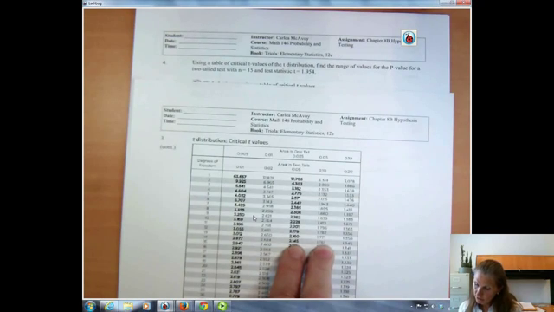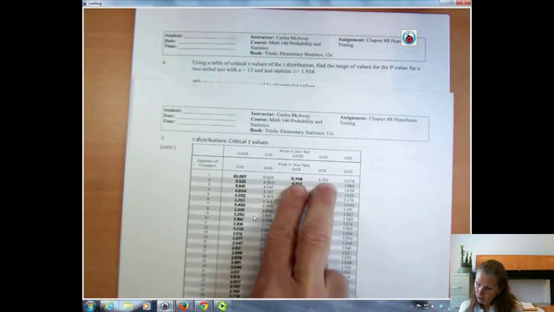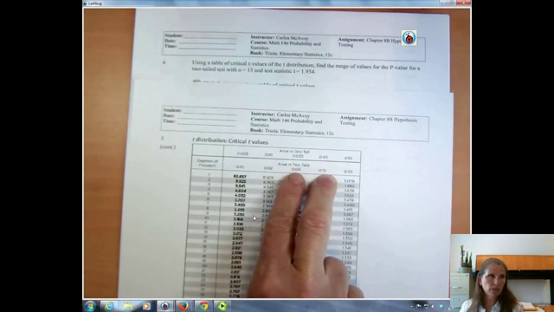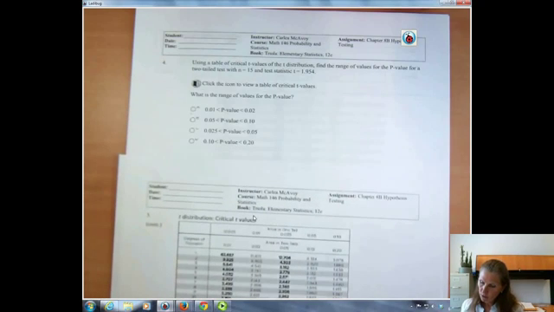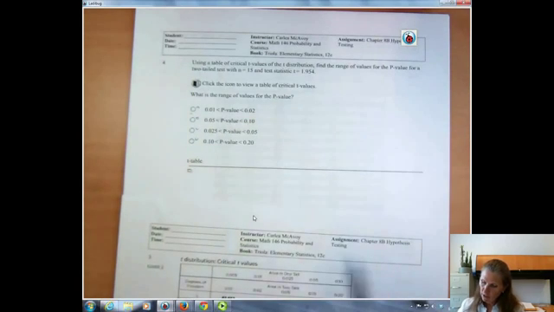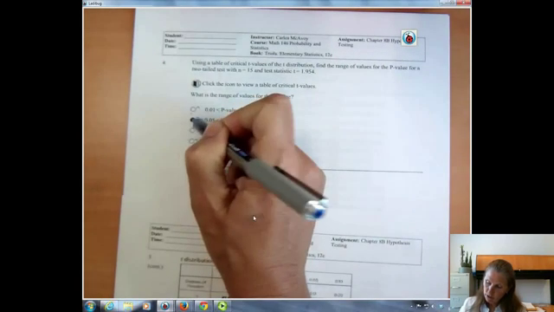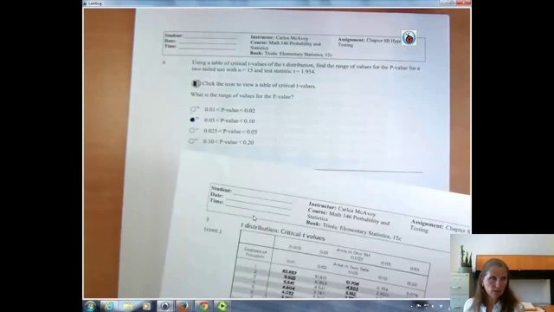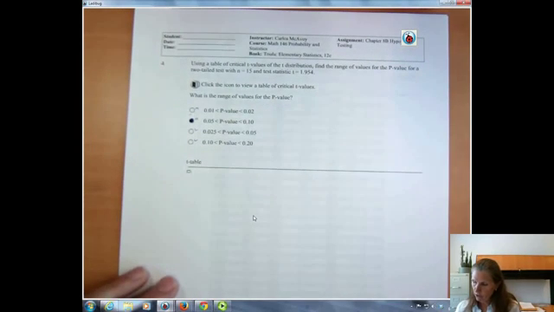It's a two-tailed test, so I go up here to the area in two tails, and my range is between 0.05 and 0.10. So 0.05 and 0.10, or B, is my p-value range. Again, you could find that on technology and then decide which range it fits into, whichever makes the most sense to you.